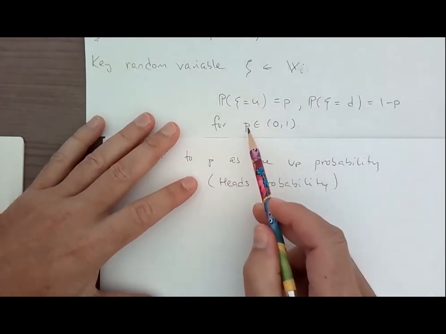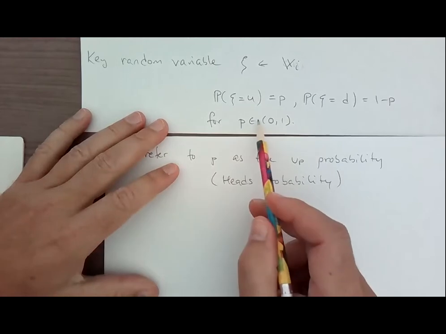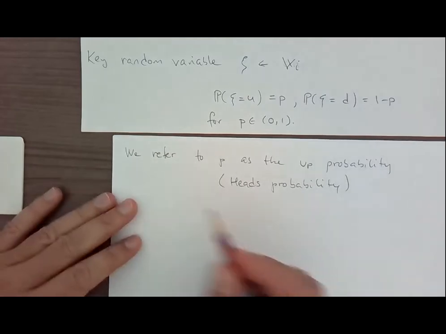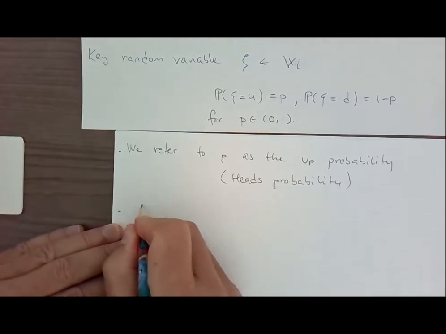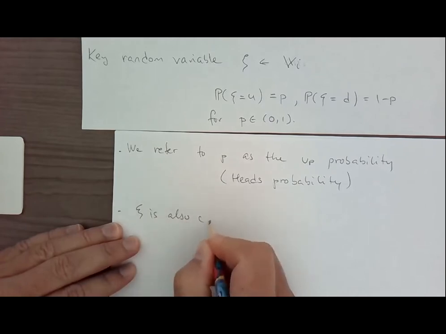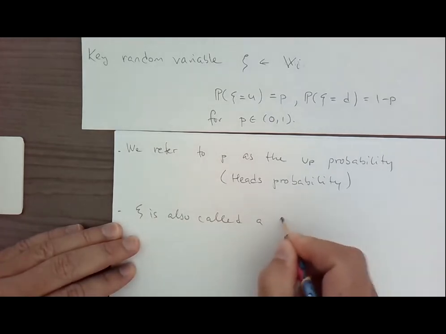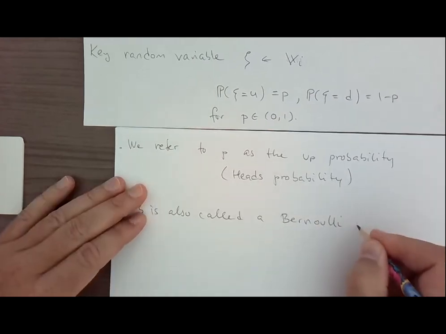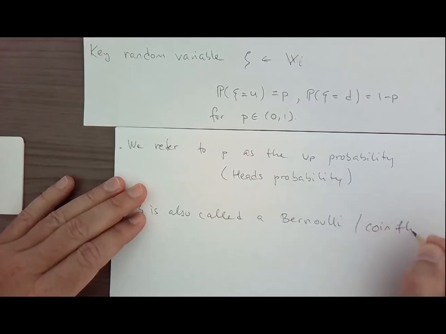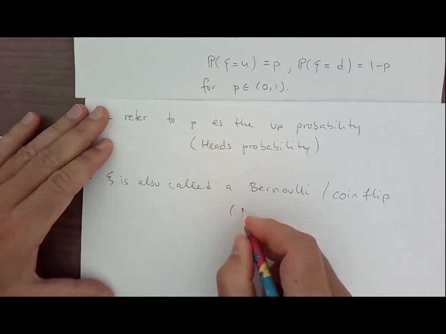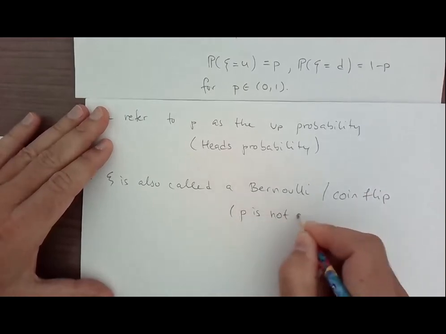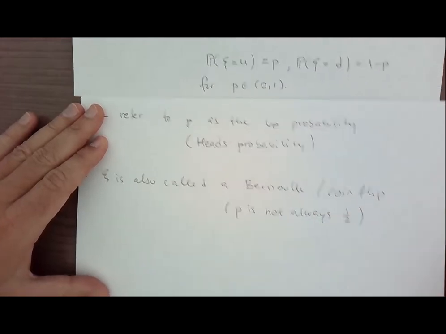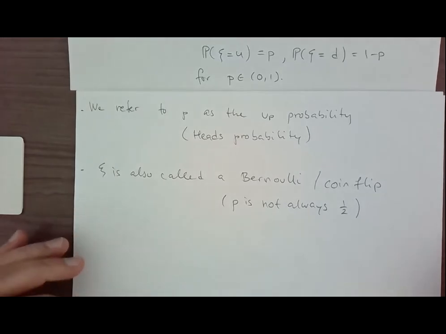The coin might not be fair, it might be a bit bent, so the probability is not necessarily a half. So we also call psi a coin flip. So psi is also called a Bernoulli, or a coin flip. P is not always a half. This is a Bernoulli random variable.